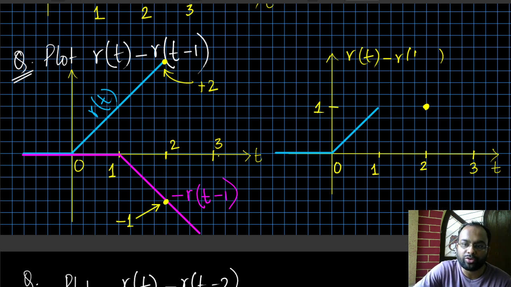Similarly, at t equal to 3, RT will have a value of 3, and minus RT minus 1 will have a value of minus 2. So what is the sum? The sum is once again 1. So what is the total resulting signal? Understandably, this is going to be this.